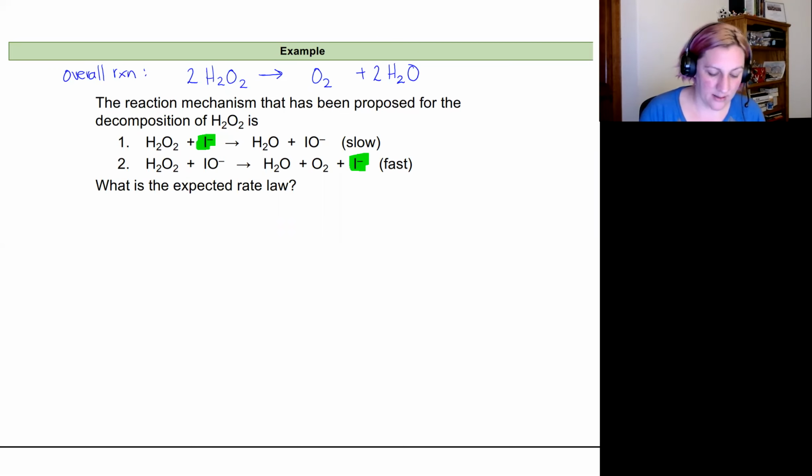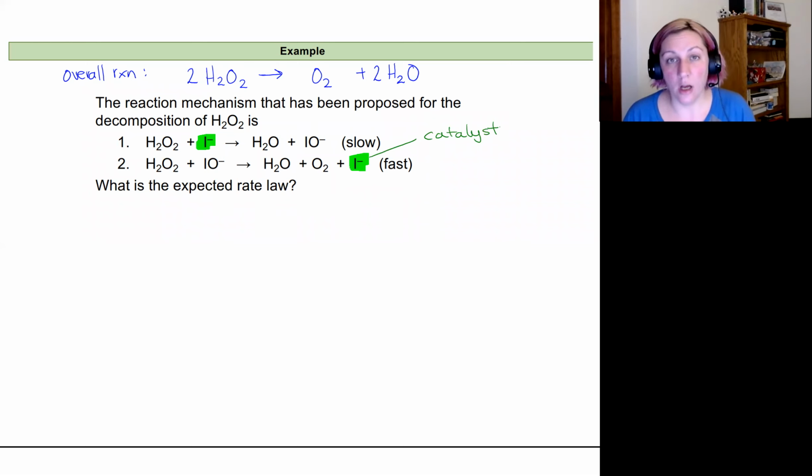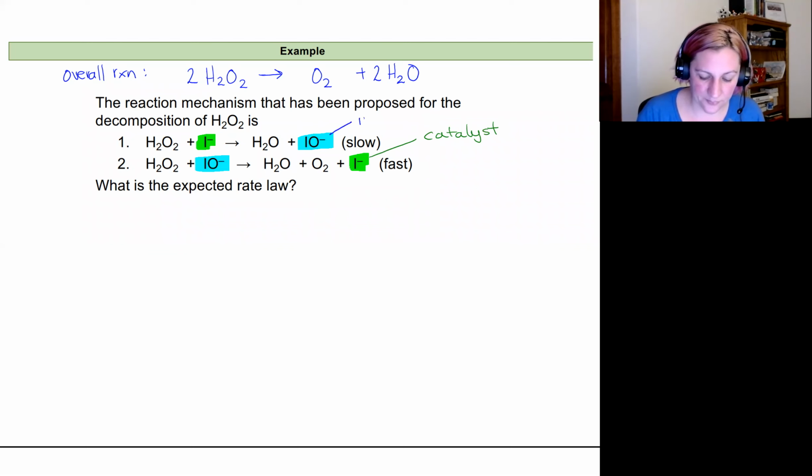So here is our catalyst. And this reaction will take place on its own without a catalyst, but it's really slow. If you add a catalyst, you can actually see it in real time. There's also an intermediate here. It's this IO minus. That's our intermediate.